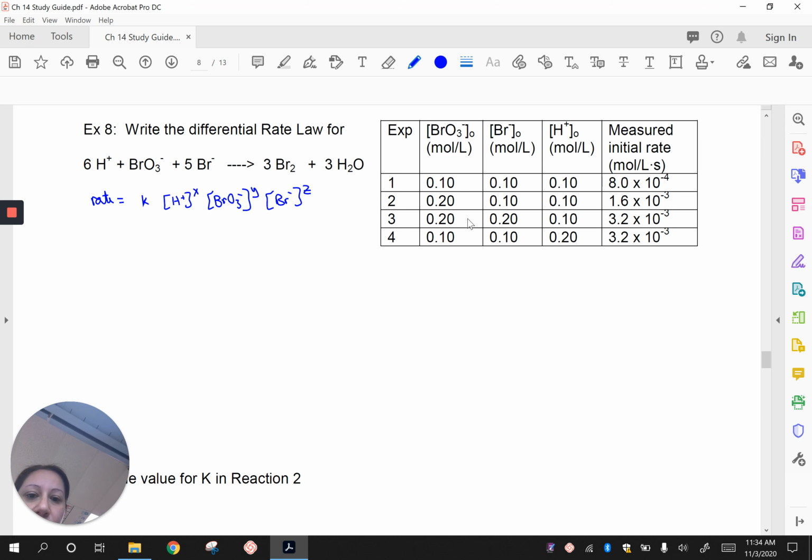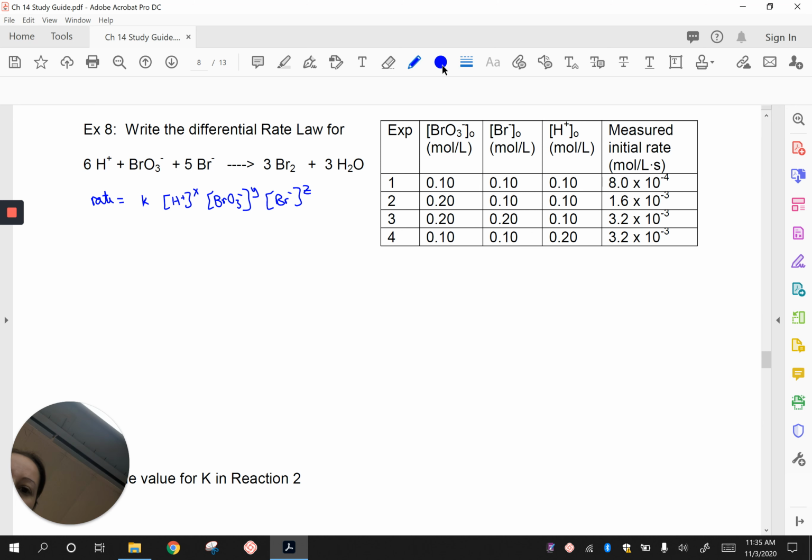So which two would you look at? I think if you look at experiments 1 and 4, my bromate and my bromide are remaining the same, but my H plus is changing. So I'm going to pick experiments 1 and 4.